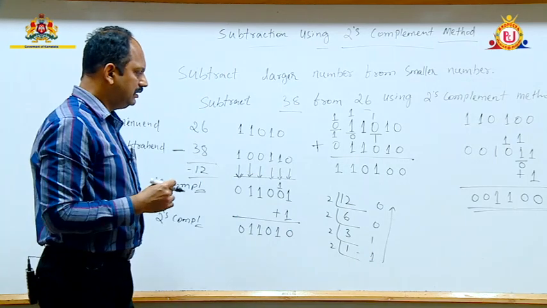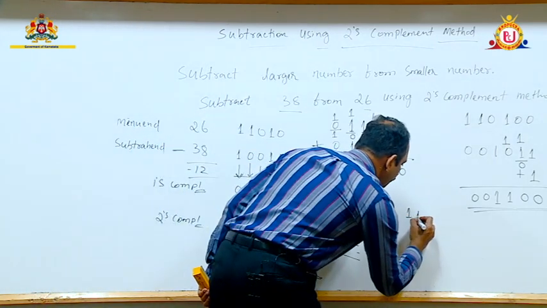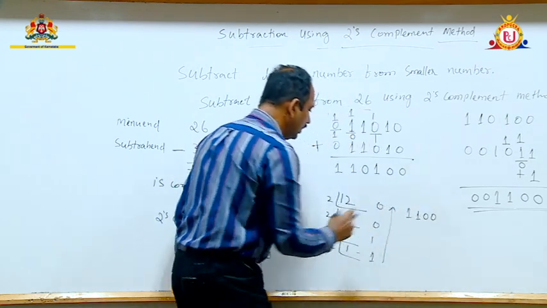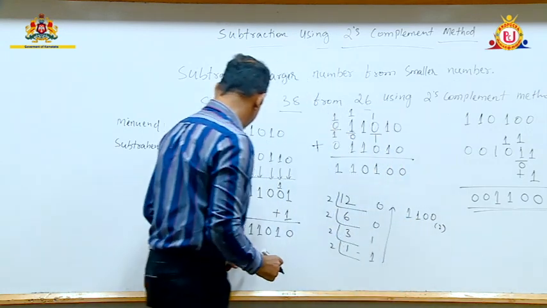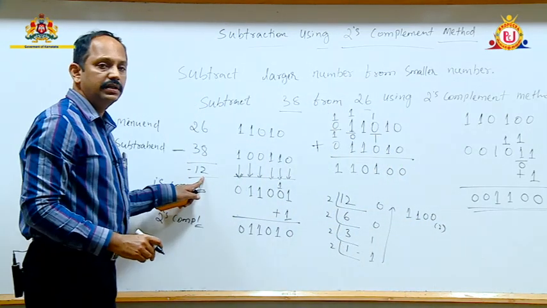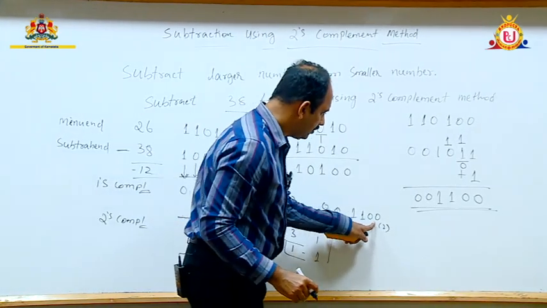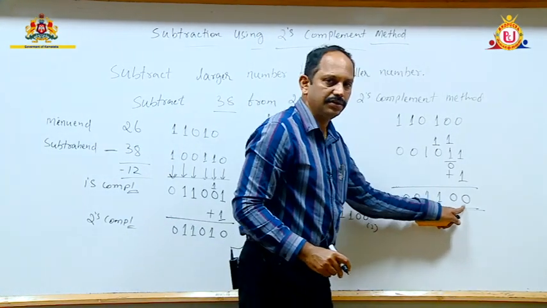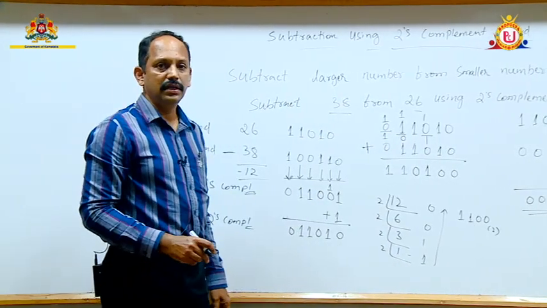So, what is the result of this? 1 1 0 0. It should be written as 1 1 0 0. So this 1 1 0 0 is the binary number for the decimal number 12. Now this 1100 and this 1100 are one and the same. That means our calculation is correct.